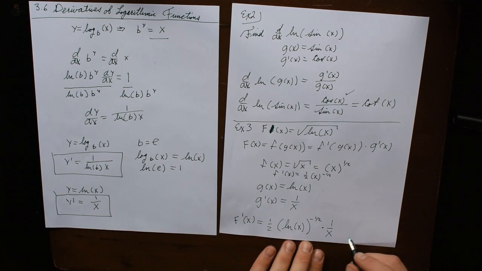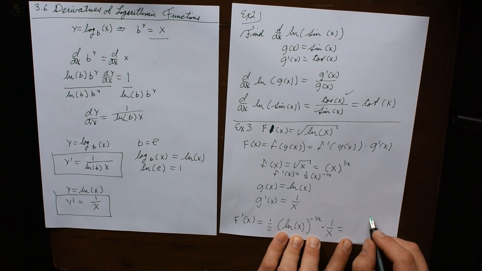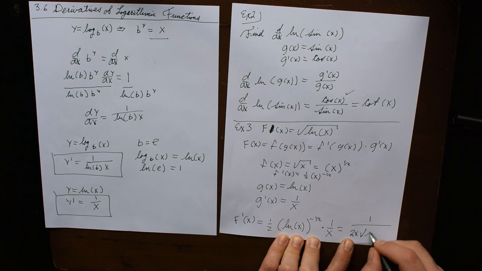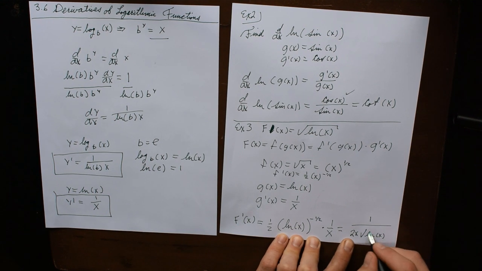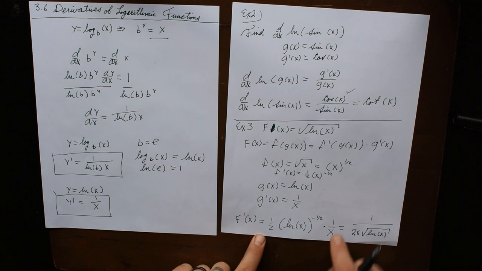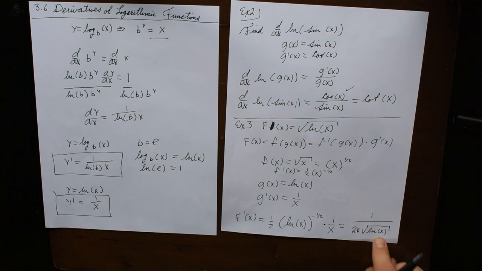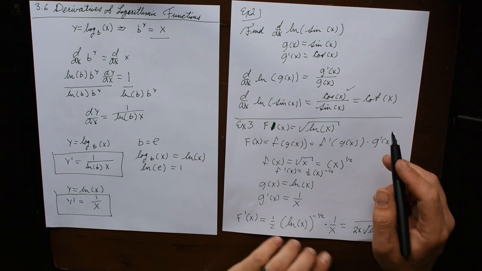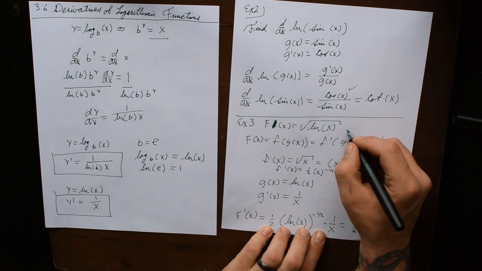Oh, it'd be good form, you could call this thing 1 over 2x times the square root of the ln of x. Really, I'm just combining that 1/2 with that 1 over x, and wherever you want to put that, that's fine. So, same thing. This is the chain rule with the power rule.